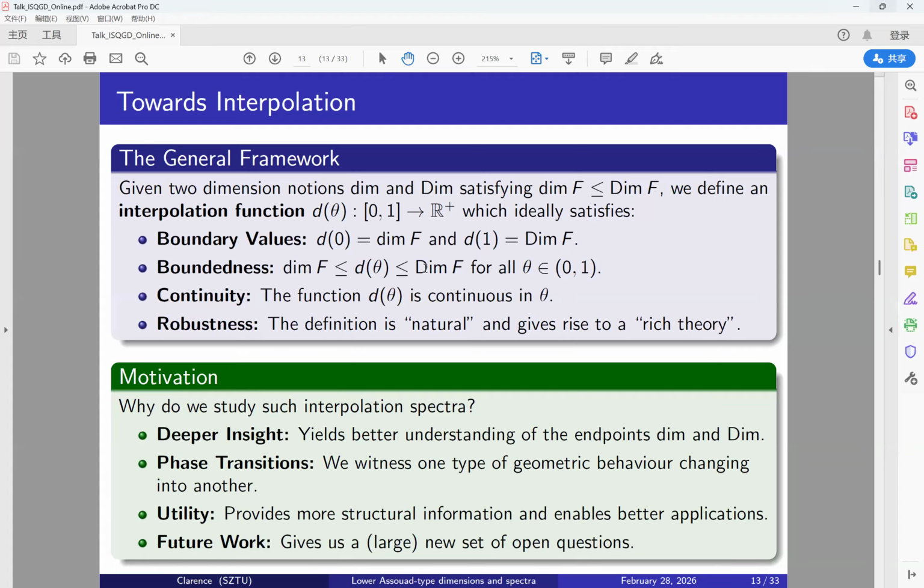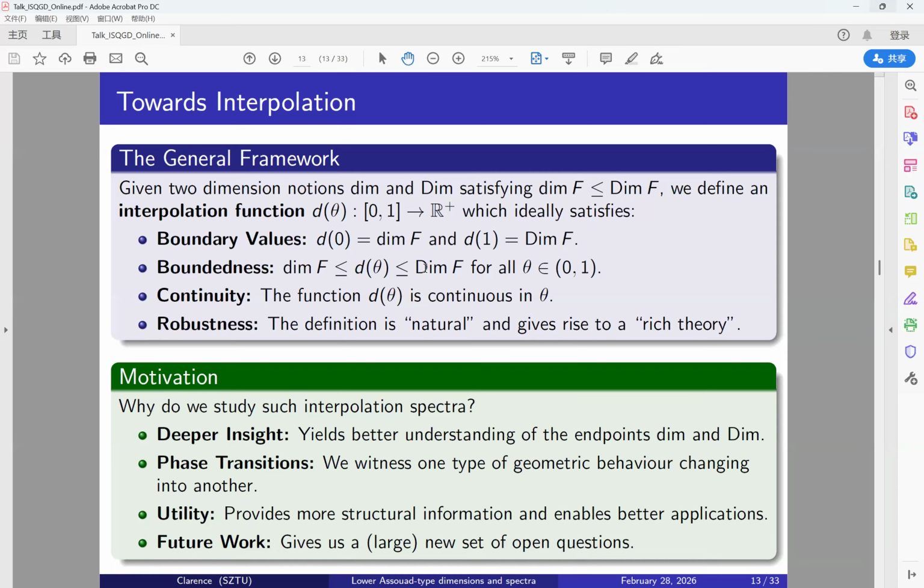And boundedness: the interpolation function ranges between small dim and capital Dim. Also, the function is continuous, natural, and gives rise to a rich theory.